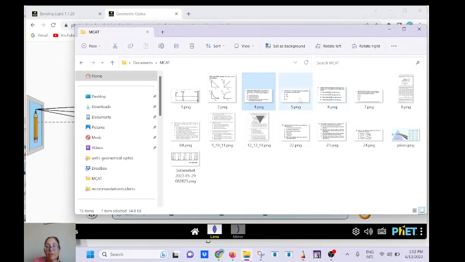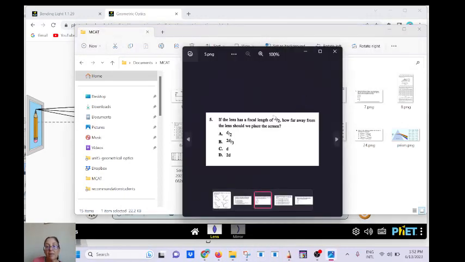Let's see if we have a number 5 here. So the focal length is d over 2. How far away from the lens should we place the screen? So it's the same situation.